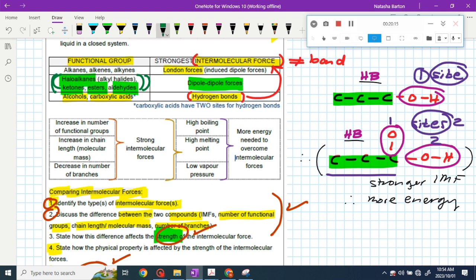You were asked to compare, sorry? Diamond. I know the word, but I can't remember what it means. I'm very sorry. I will check afterwards and then I'll get back to you. Okay, but I'm guessing that it refers to the number of sites for hydrogen bonding as well. Okay, anything else, guys?